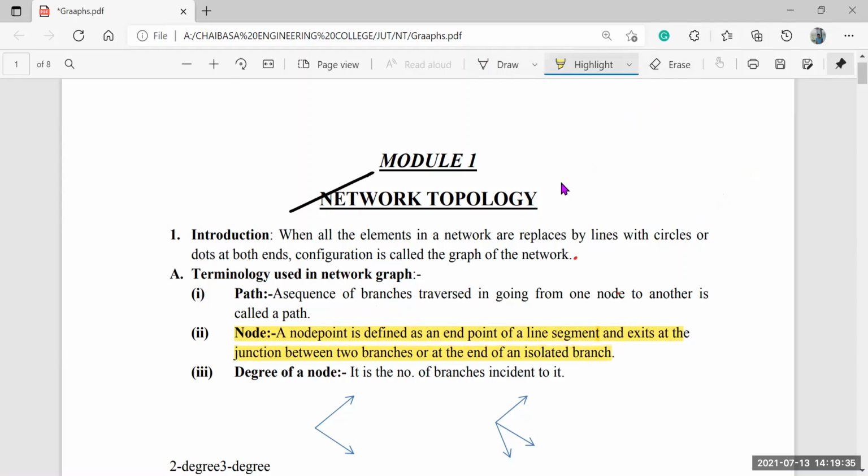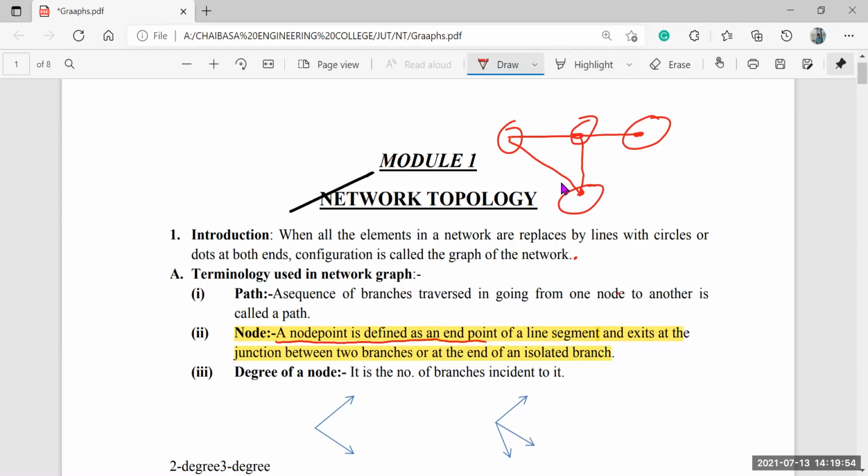So if we talk about nodes, this is a node, this is a node, this is a node, this is a node. All are nodes. That's why it is written that a node point is defined as the end point of a line segment. If this is a line segment, so this is the end point.